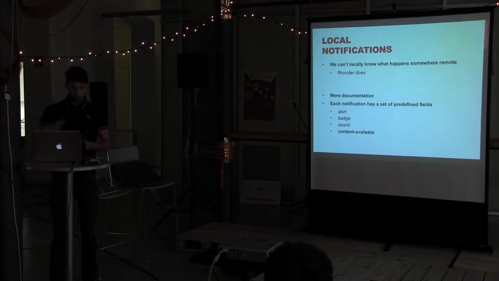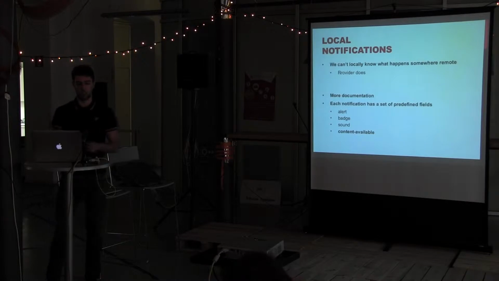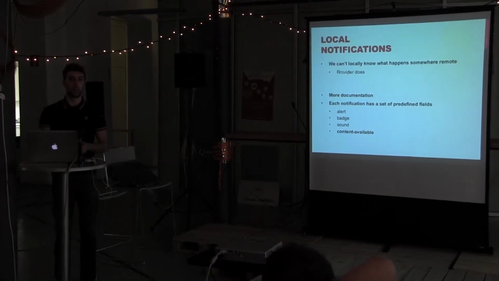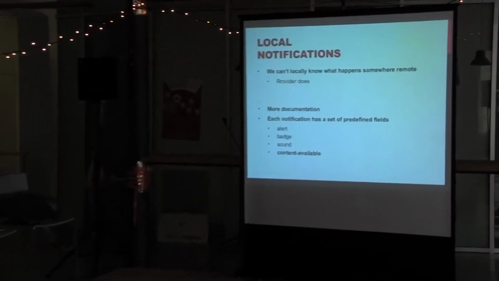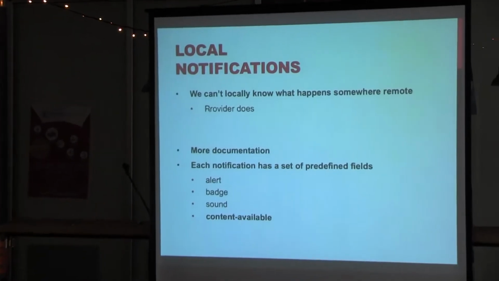And well, if we dig deeper into local notifications, the problem with them is that on the device we don't know what really happens somewhere remote, but the provider does. And if we dig a bit deeper into the documentation, we can see that each remote notification, so the notifications that the Apple push notification service sends, have a set of predefined fields, and one of those fields is called content available.